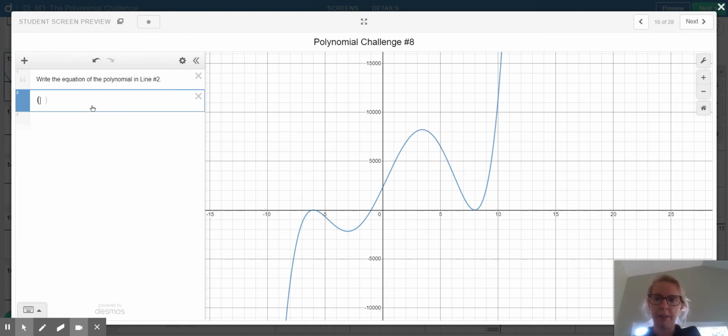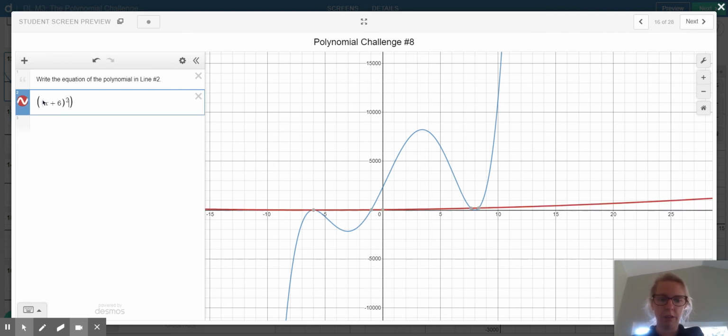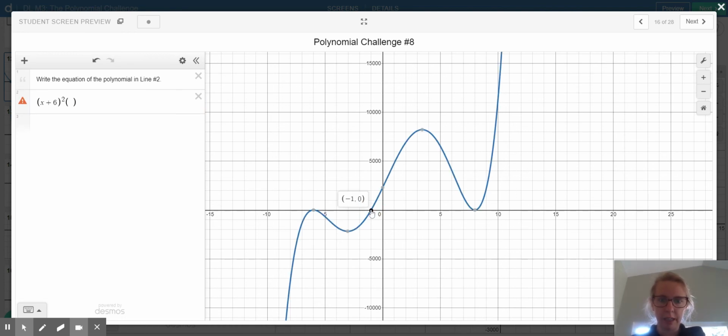So we know we have a double root at, looks like maybe negative 6 here. Yep. So x plus 6 squared. And then we are going to multiply that by, let me fix my notation here. Let's see, what was our next one? We had negative 1, so that's going to be x plus 1.